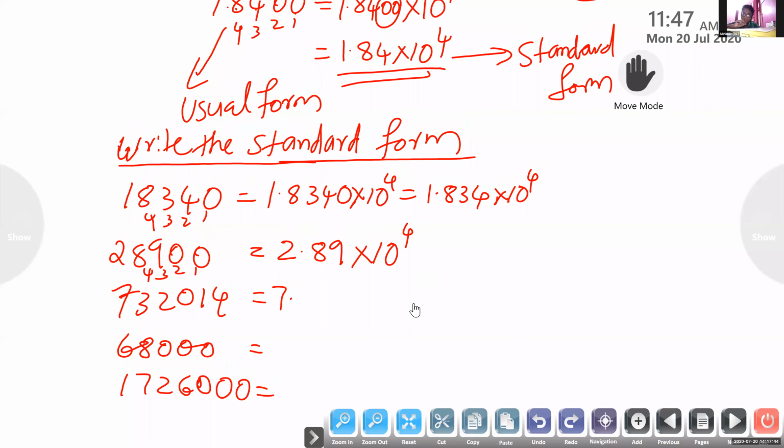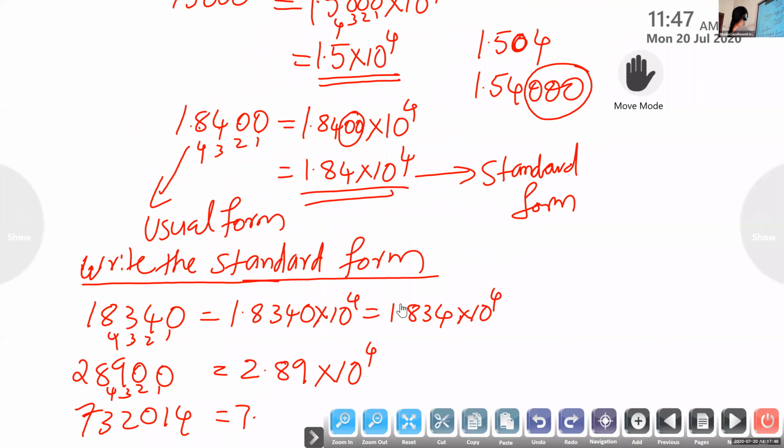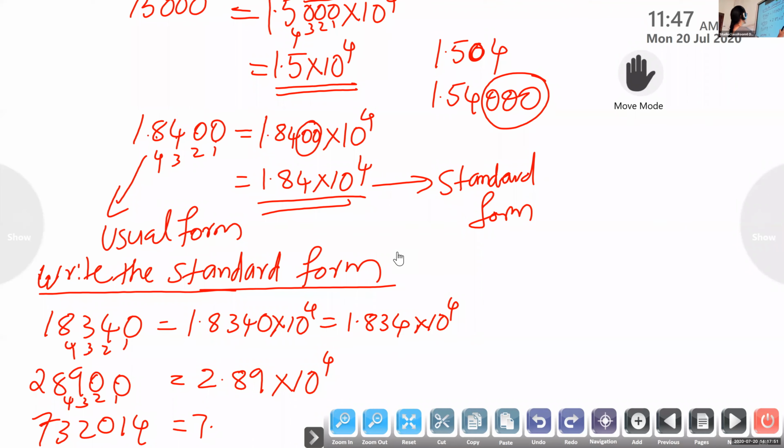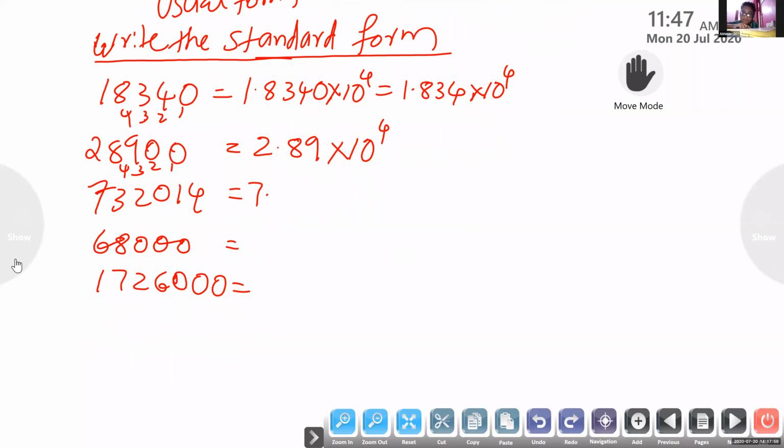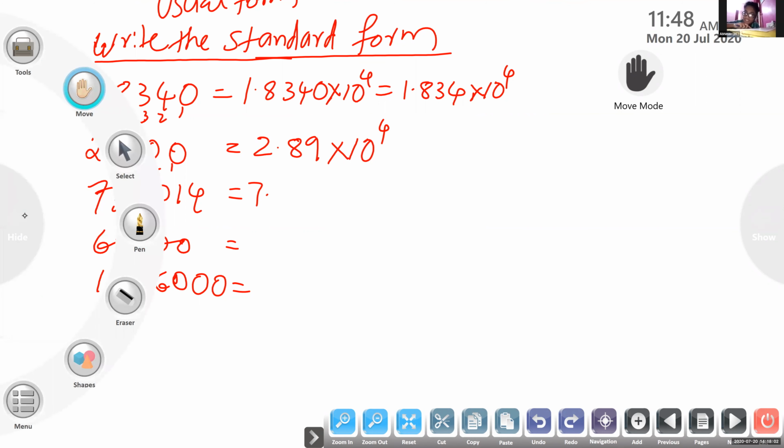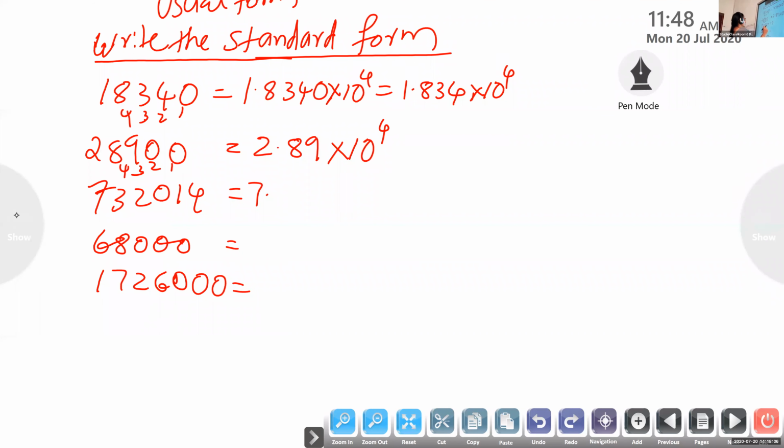Abhinav, you write along with me. Net connection problem.